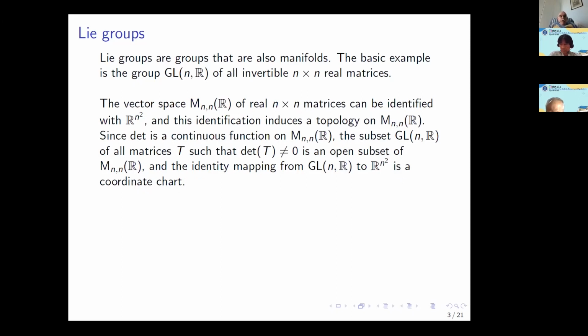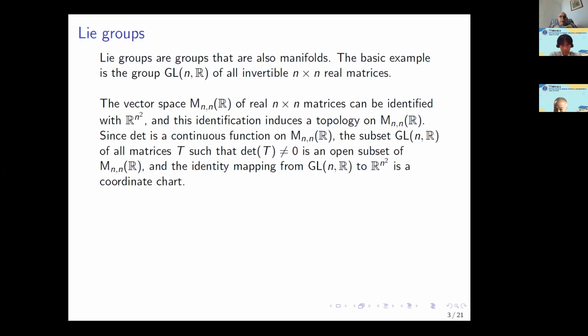So if I take the vector space of all real n by n matrices, then I can identify this naturally with R^(n squared). And so this gives me a natural topology on the space of n by n real matrices, and the determinant is a continuous function on the set of matrices.